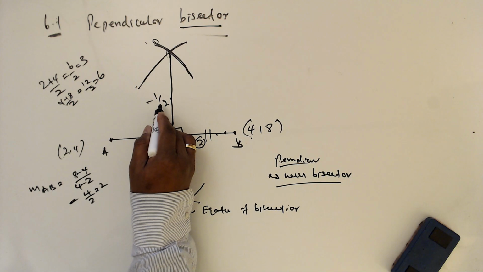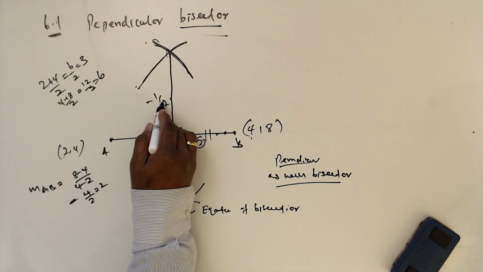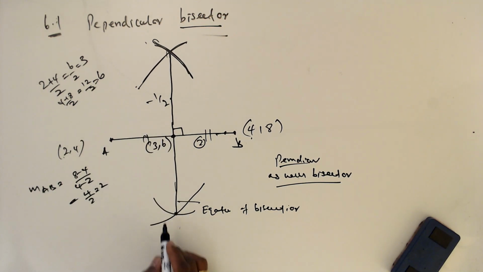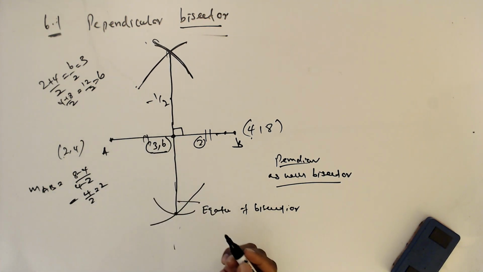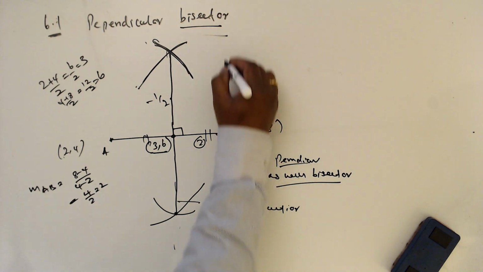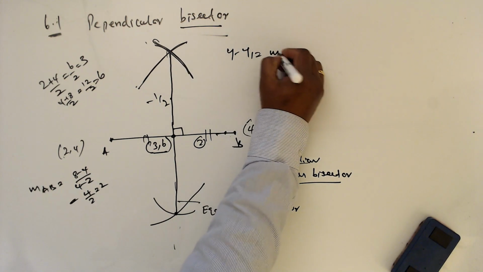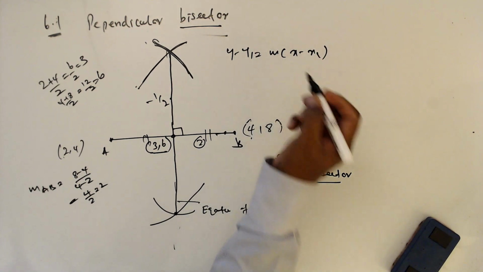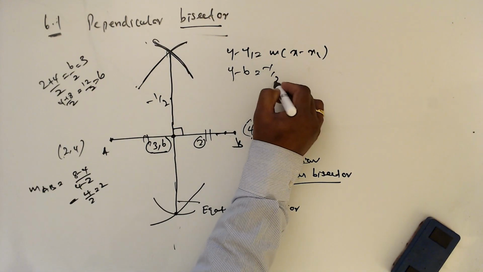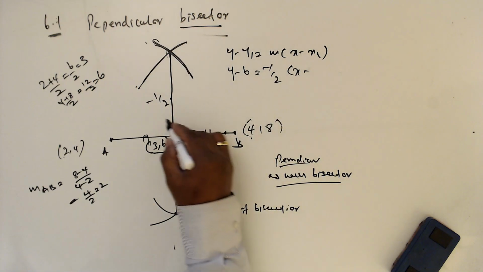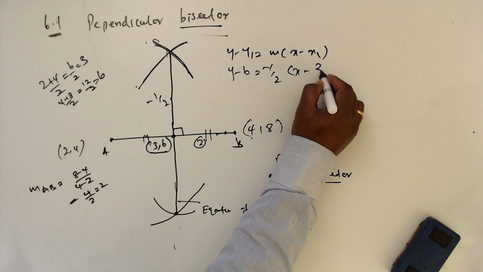Now you know the perpendicular gradient of this line, and you know the point. Then you can find the equation. So y minus y1 equals m times x minus x1. y minus 6 equals minus half times x minus 3.